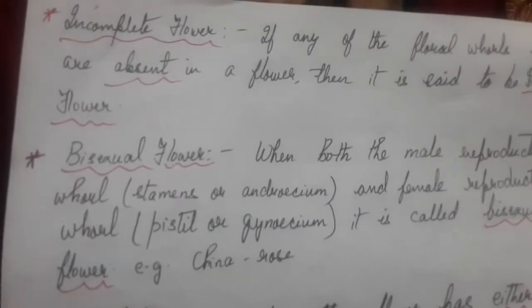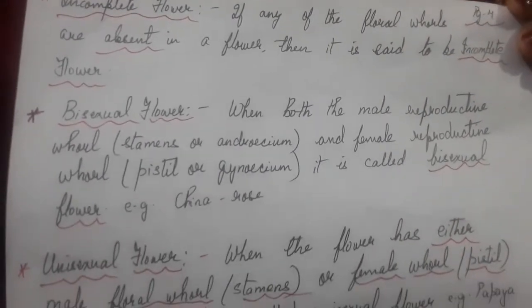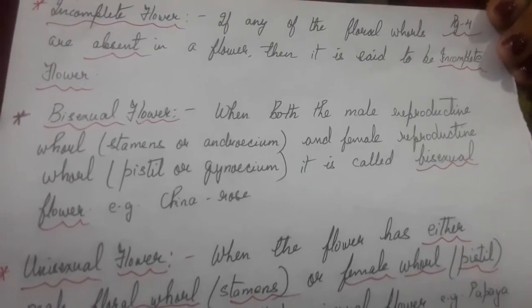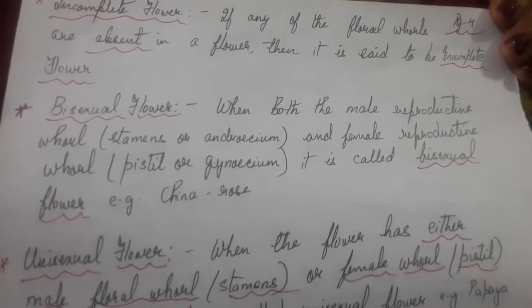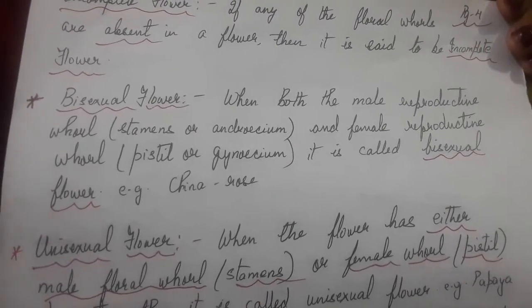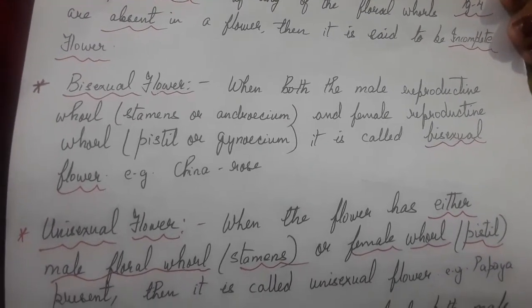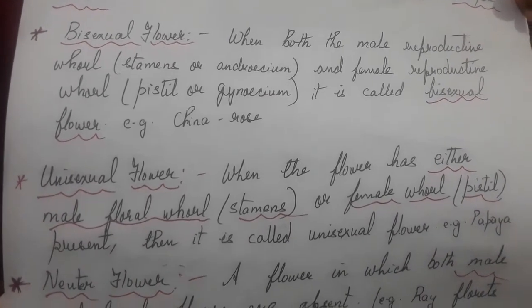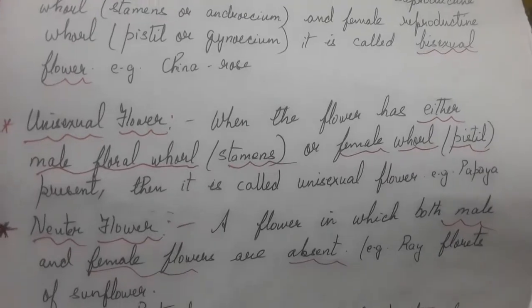Then you have certain technical terms which you should know. Complete, incomplete flower, bisexual or hermaphrodite flower, unisexual, neuter flower.